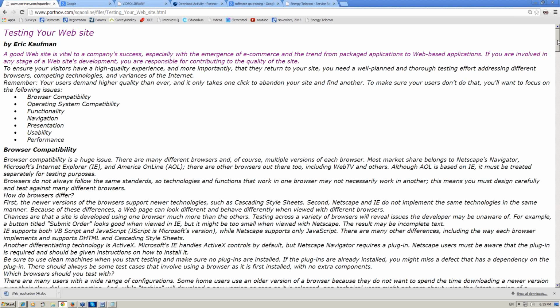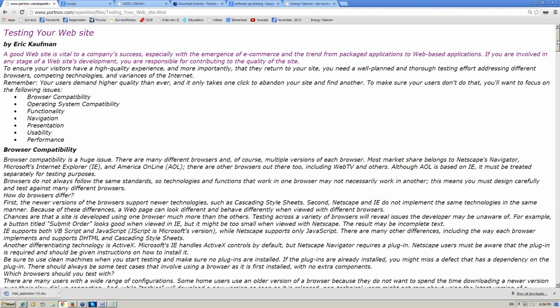In that article, Eric Kaufman tried to bring together the major things. You might say, yeah, but web applications ten years ago and web applications now represent two different worlds. They are much more sophisticated today compared to ten years ago, which is true.